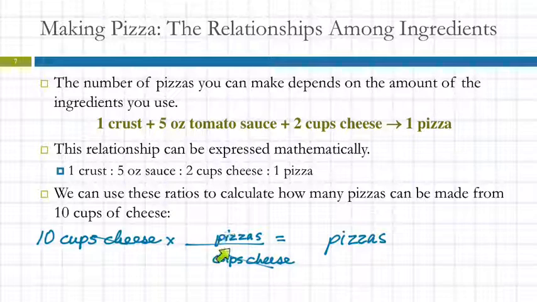This relationship here comes from the balanced equation or the recipe. This tells me there are 2 cups of cheese needed for every 1 pizza. So 1 pizza is equivalent to 2 cups of cheese in this process. Does that make sense? So I put the numbers in based on where the units are, and then I do the math. 10 times 1 divided by 2, 5 pizzas. Right? Any questions?